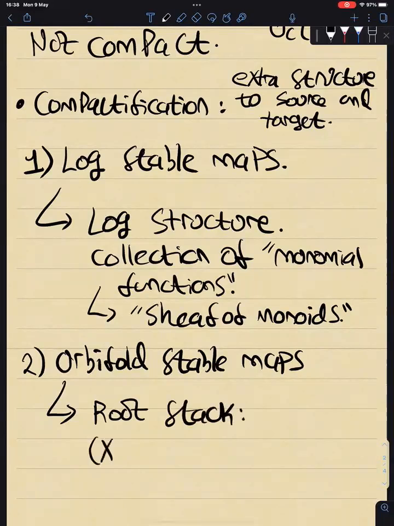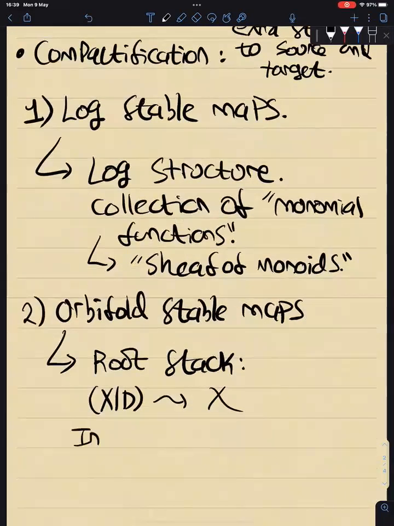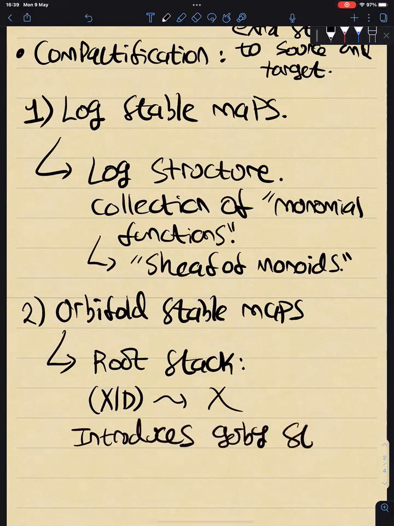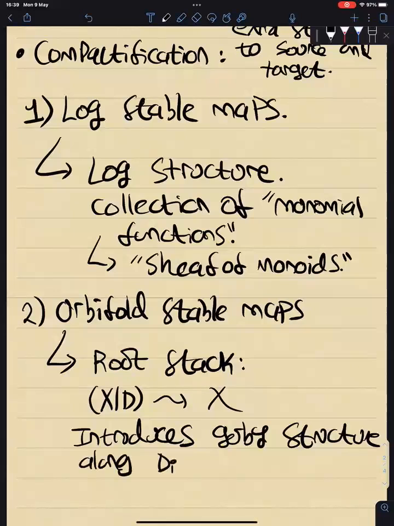So starting with a smooth pair, an SNC pair (X, D), you construct a smooth Deligne-Mumford stack, which maybe is written with a fancy X. The idea is this is something whose coarse moduli space is just X, so it's not actually changing the underlying scheme, but we're introducing some gerby structure. We're introducing roots of the divisors, so we're introducing some gerby structure along the divisors, and similarly on the source curve we'll be introducing gerby structure along the markings.